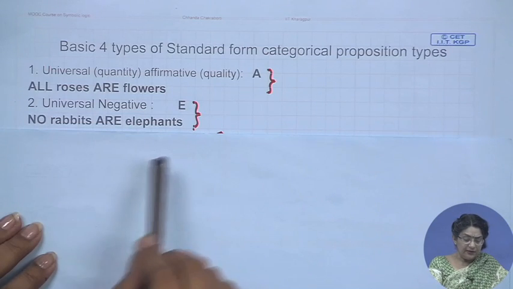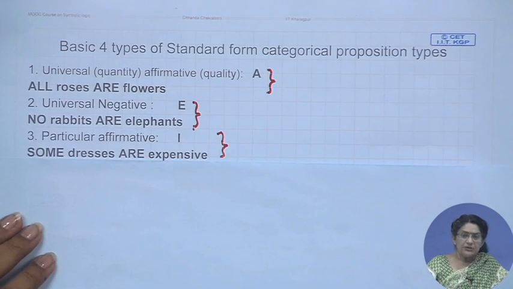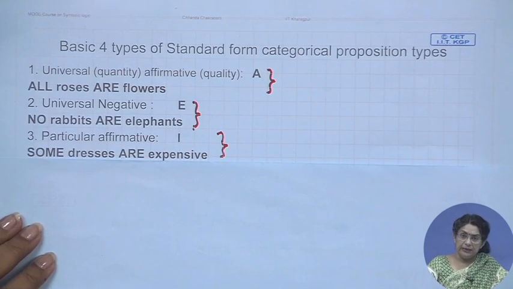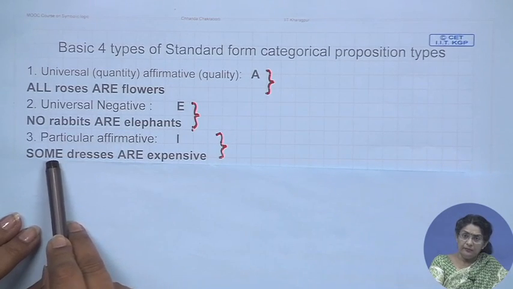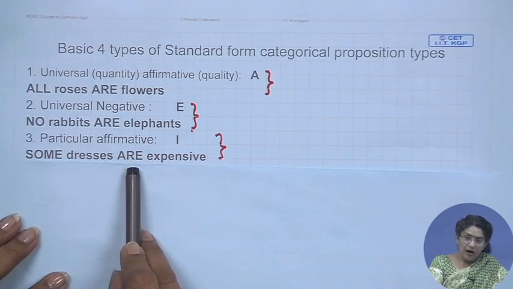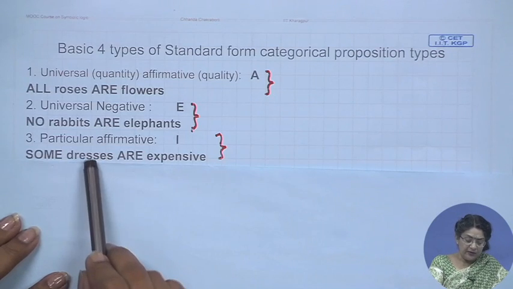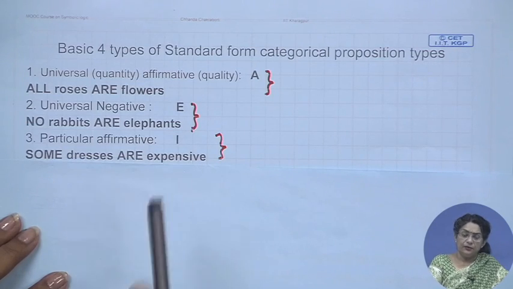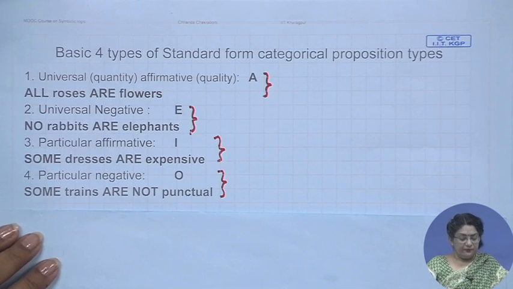Remember, the quality of the proposition is negative. Then comes the particular affirmative, which we are going to refer to as I. Some dresses are expensive. So, some, that is the quantity, are, that is your quality, and you are affirming this class, some members of this class are included here. Then comes particular negative, O propositions.